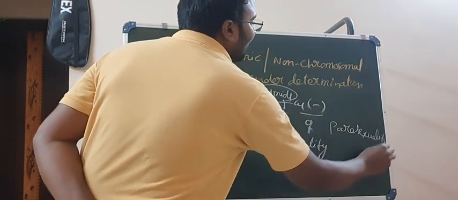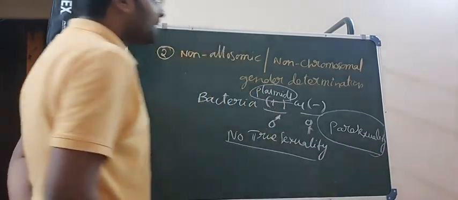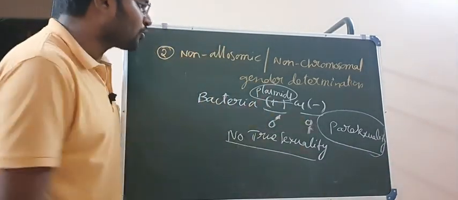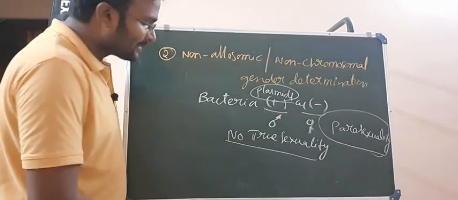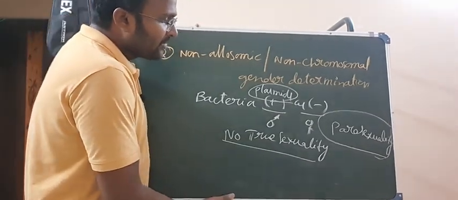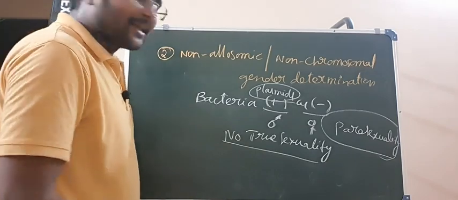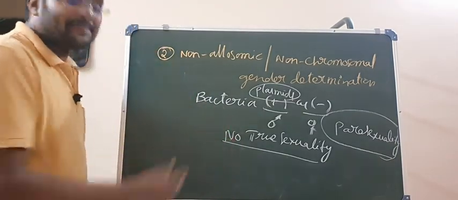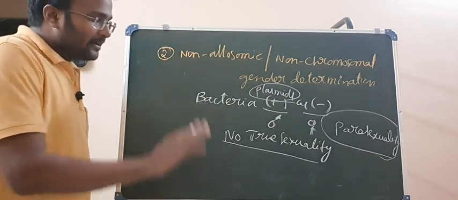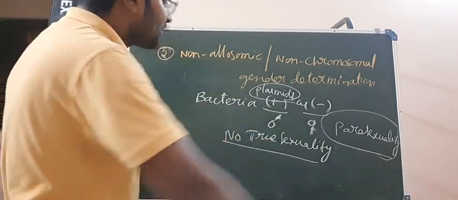So if you have to study non-allosomic or non-chromosomal gender determination, we can take this one as an example, but frankly speaking this cannot be considered as a gender actually. We call it parasexuality, that's why we consider it not true sexuality.